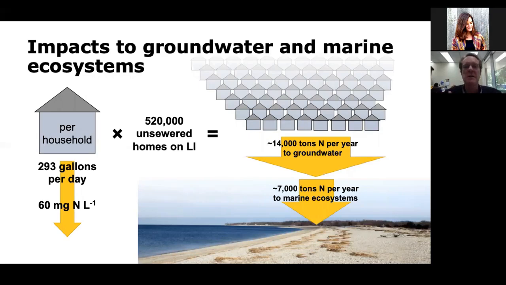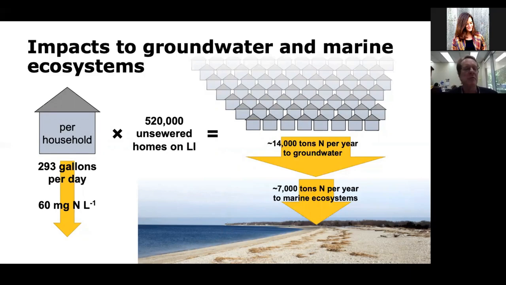So, what does the technology mean for the environment here on Long Island? Let's just go through a real simple calculation. We know that a 4-bedroom household on average might produce just under 300 gallons per day.